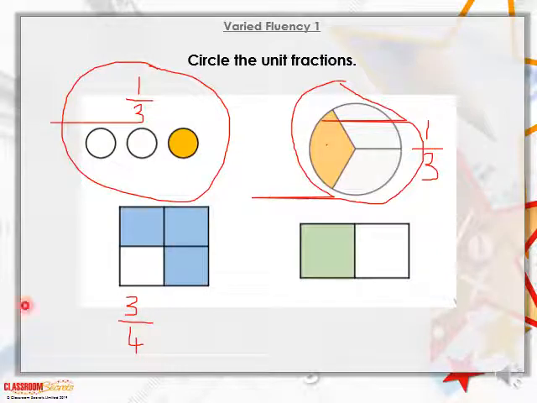And then we look at this one. This is a very easy fraction to recognize. It's been split into 2 parts. So the denominator of this shape is 2. And then 1 part has been shaded in. So we've got 1/2. So we have one more unit fraction.